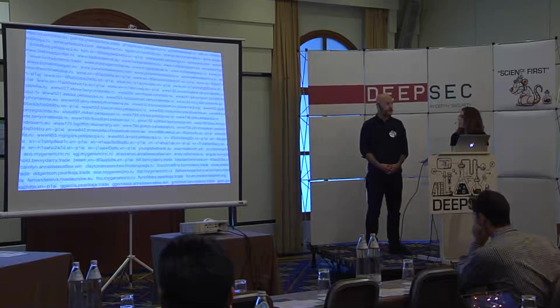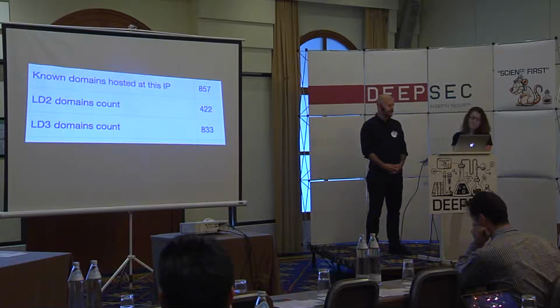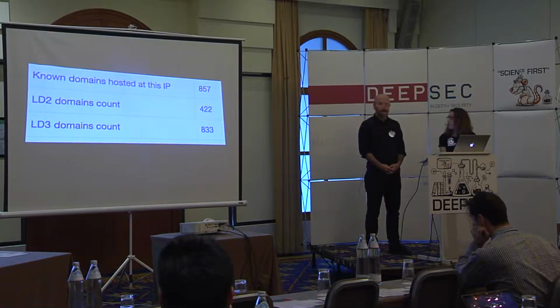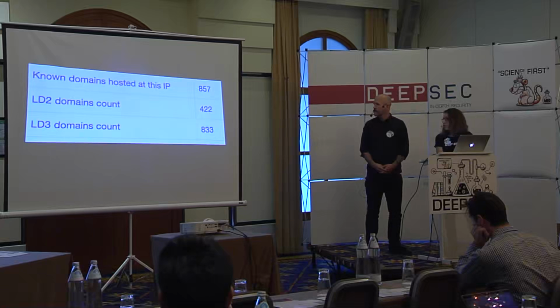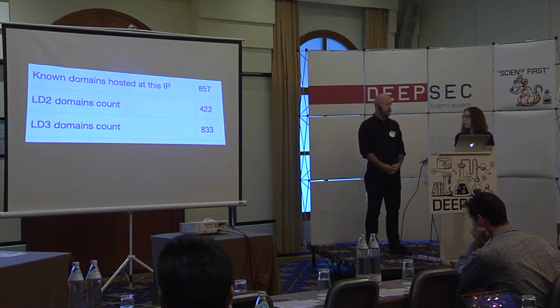Oh, we zoomed in. So on this one IP address, we saw 857 domains, second level domains 422, and third level subdomains were 833, just on the one.